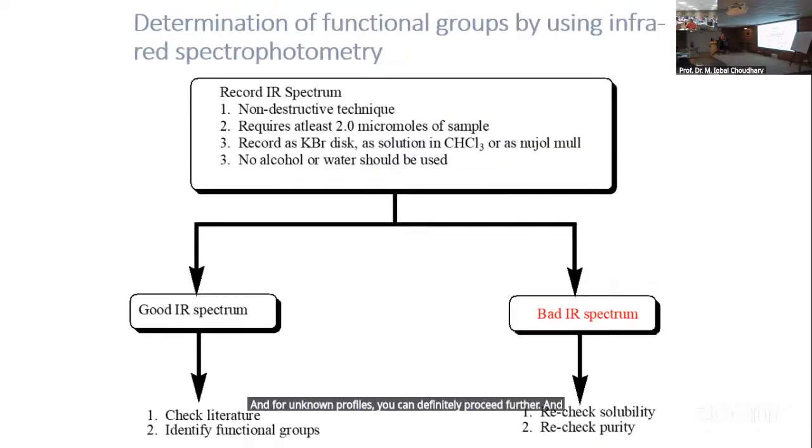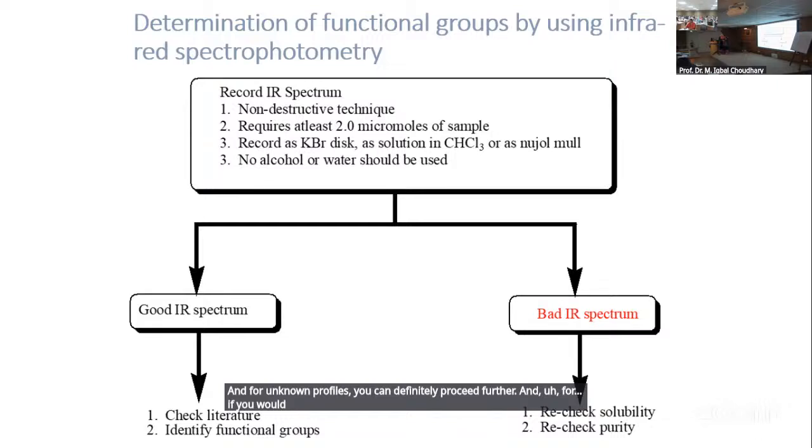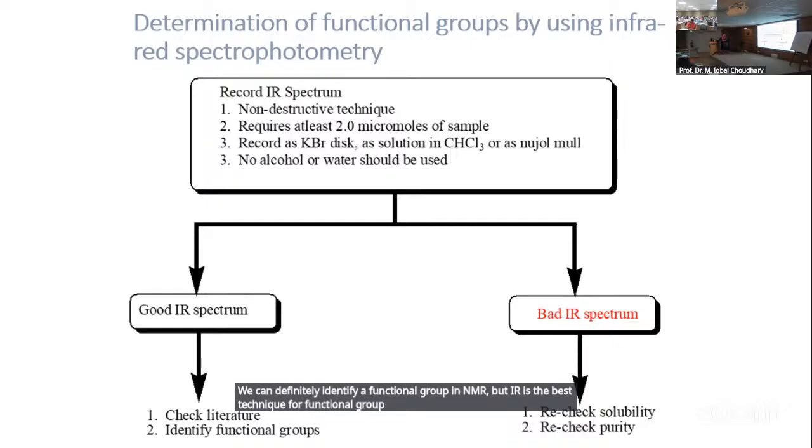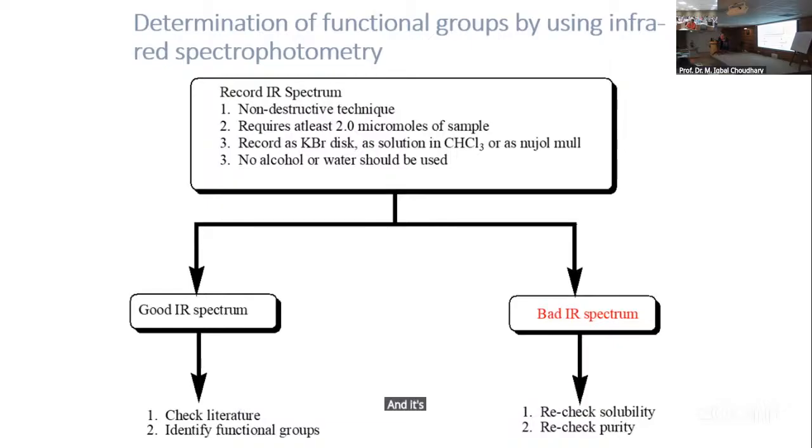And definitely you would like to identify the functional group. We can identify a functional group in NMR, but IR is the best technique for functional group analysis. It's a non-destructive technique, but it requires 2 micromolar sample, and it can be used in CHCl3 or as a KBr disk.